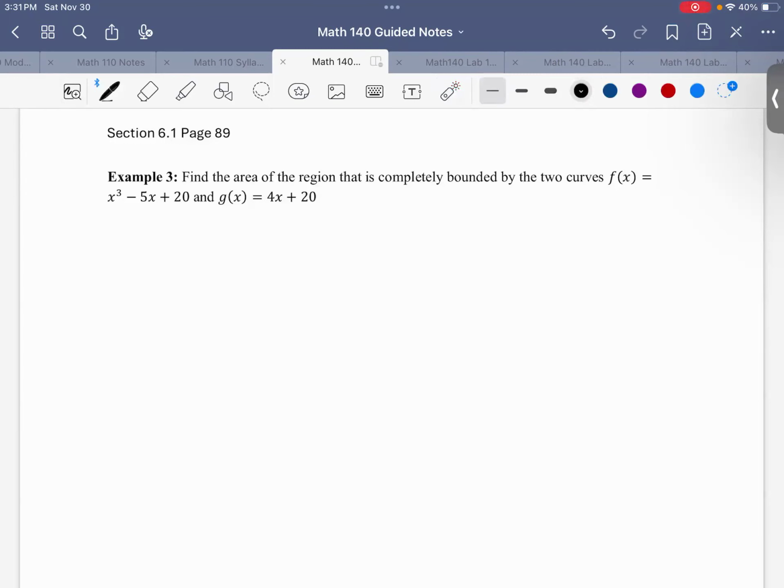Let me go ahead and write that out. What if they don't give us vertical lines?